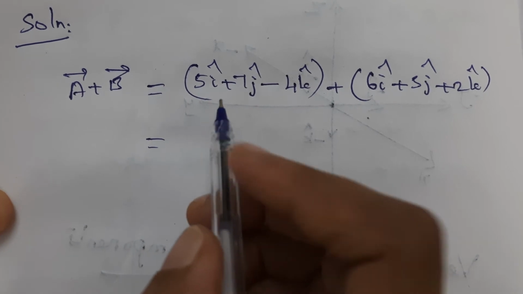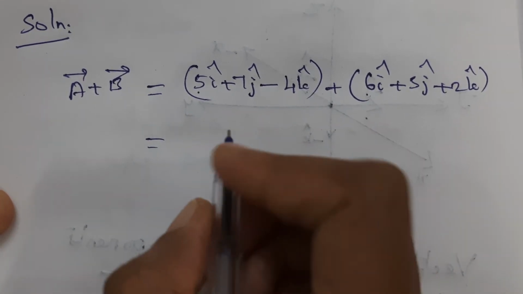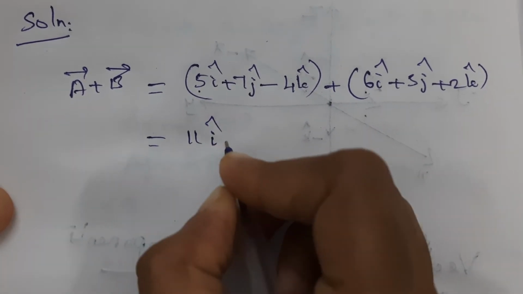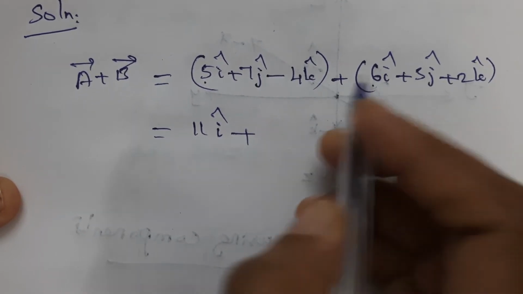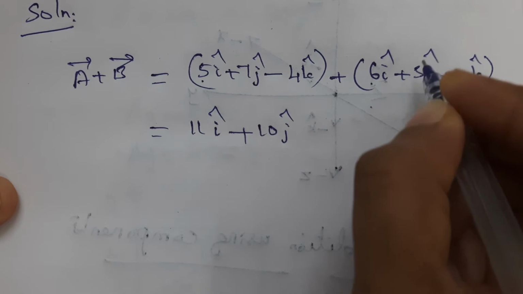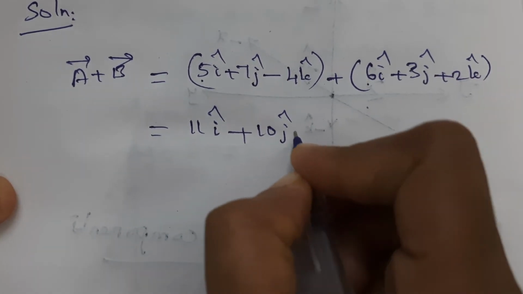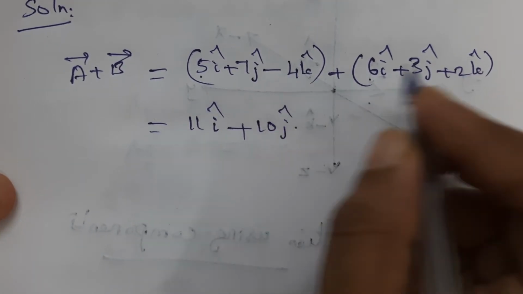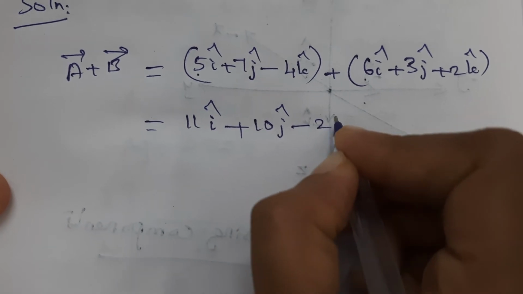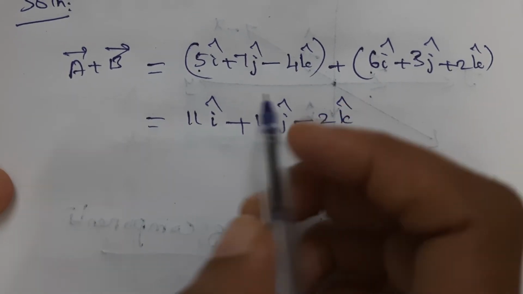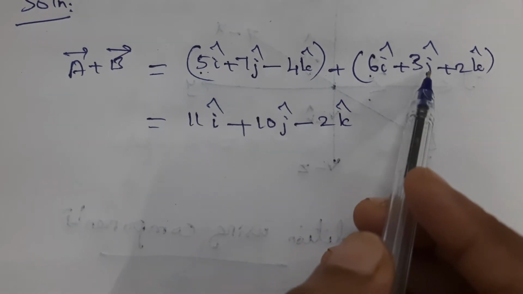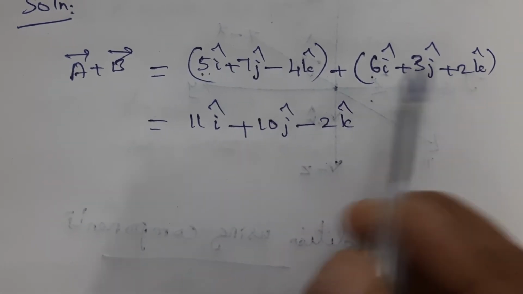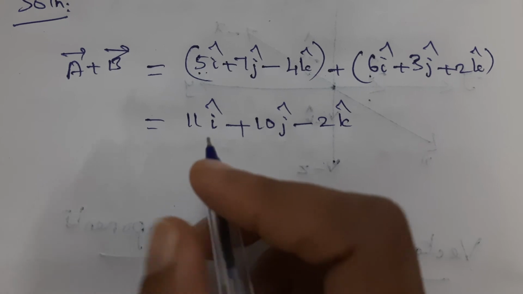So we can write 5 plus 6, 11i cap, plus 7 plus 3, 10j cap, then minus 4 plus 2, minus 2k cap. That is, i: 5 plus 6, j: 7 plus 3, k: minus 4 plus 2.